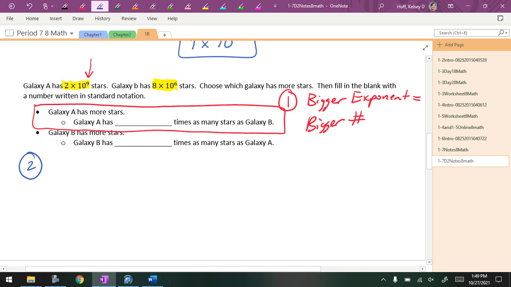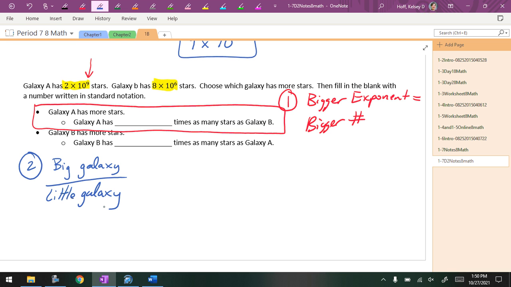Step number 2 then, if we want to figure out how many times bigger it is, take the big galaxy divided by the little galaxy. Take the big divided by the little.